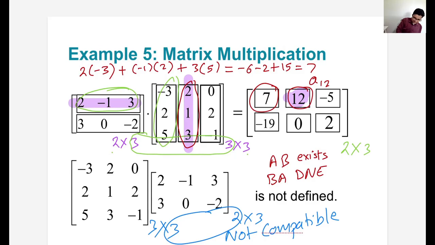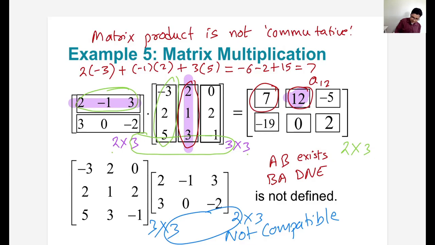Let me just write the main sentence on top. Matrix product is not, this is the word, commutative. When two products are equal from both directions, AB equals BA, that property in general, in matrices, in numbers, in polynomials, is called the commutative property.